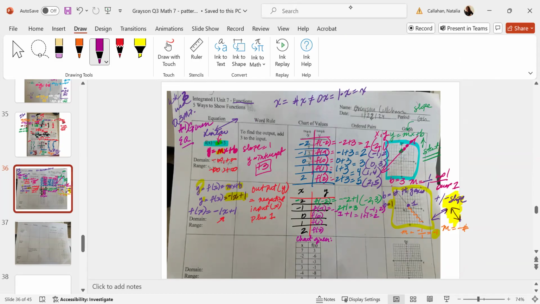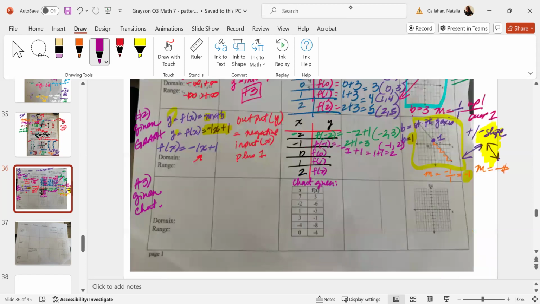Number 2, what was given was a graph, correct? Number 3, what was given is a chart, correct? So now with this chart, you need to find the equation. You need to give me the words of how this function is going to be. You need to go ahead and give me the points and then draw the graph, correct?